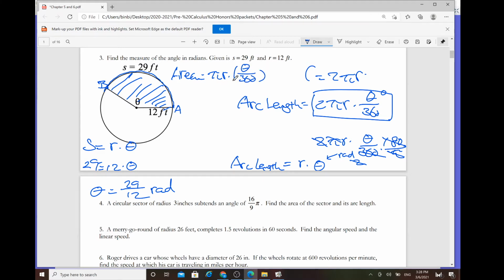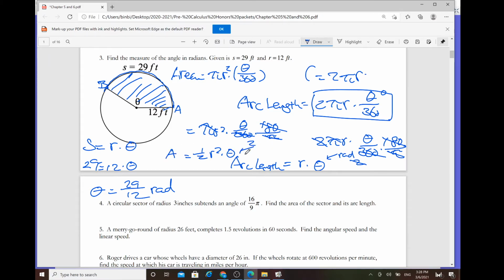But in terms of radians, the formula would be pi r squared times theta over 360 converted from degrees to radians, so multiplied by 180 over pi. So pi and pi got canceled. 180 goes into 360 twice, so it's 1/2 r squared times theta.